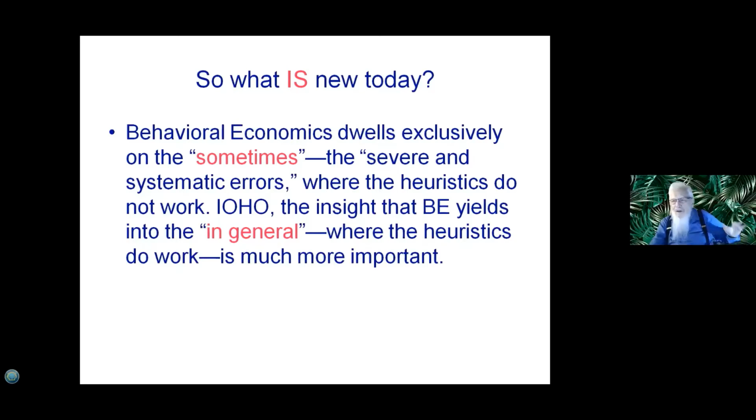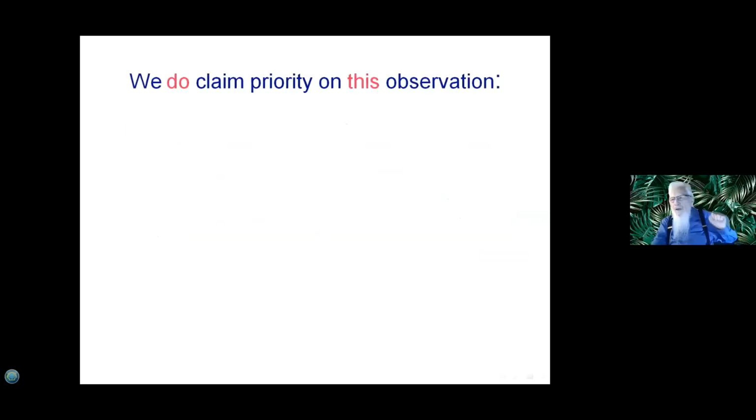So I'm going to shift the emphasis in behavioral economics. And I'm going to say that game and economic analysis is valid after all, because in general it's valid where the heuristics do work, and that's much more important. And we do claim priority on this observation.